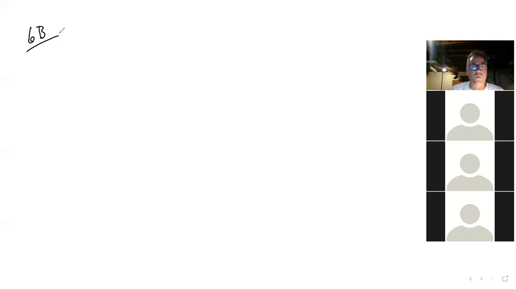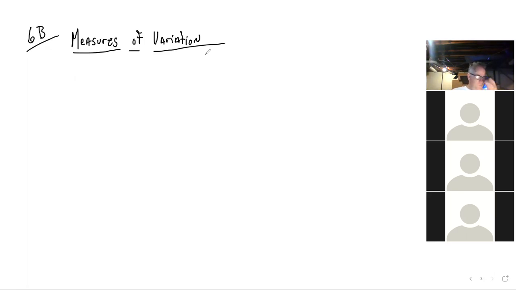So what we're going to be focusing on tonight is looking at variation in a data set, in a distribution. Okay, so I'm going to look at an example and why variation is important.